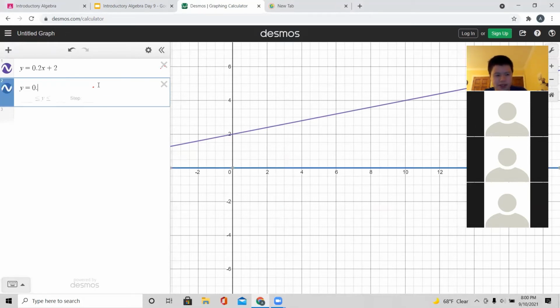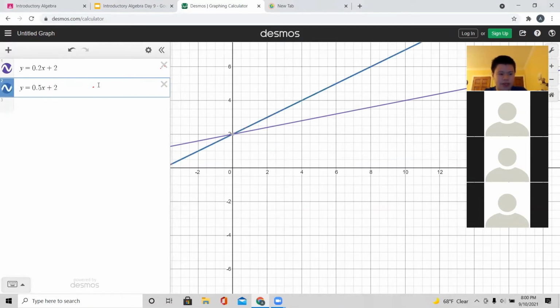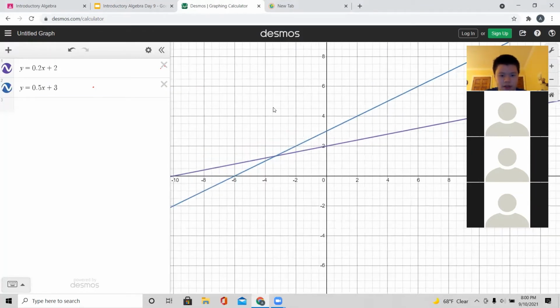If you want to find an intersection, we have these two equations, so we need to find a point where x and y fit both equations. So y must equal 0.2x plus 2 and 0.5x plus 3. An easy thing to do would be to convert both to slope-intercept form if they weren't already. In this case, they are because it's easier.